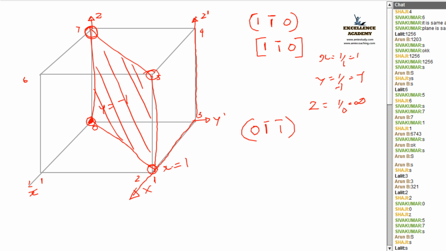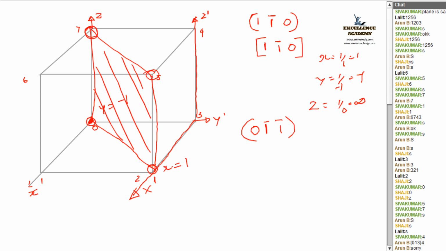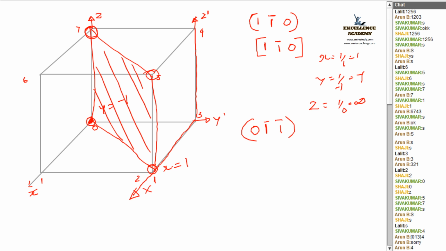Shivama says that it is 4. What about others? Yes, we can fix 4. Yes, right answer. So here, this is my new origin.